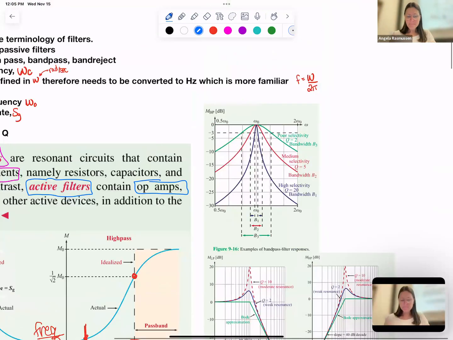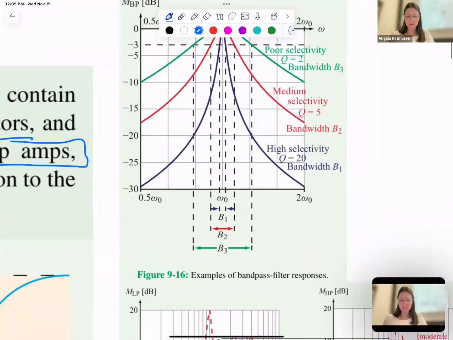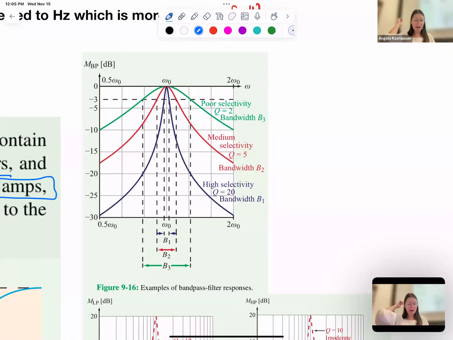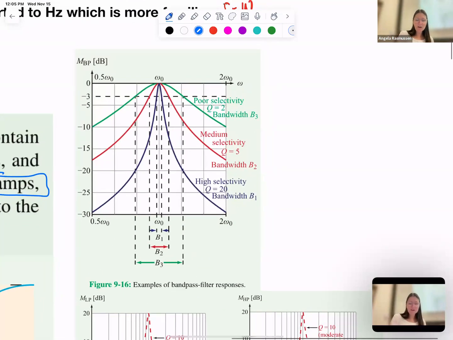Okay. Other things. These are some examples of bandpass filter responses. This one goes to the actual, real response, so that curvature will change too. Here you have poor selectivity when it's really wide, then medium selectivity, to a very high selectivity.